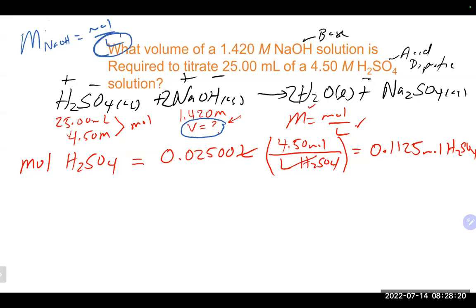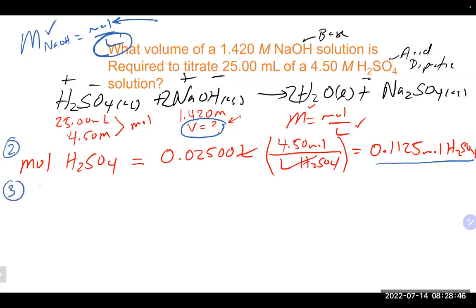We have the molarity given to us, so what we need to figure out for the sodium hydroxide is how many moles we have. That is where the stoichiometry part comes into play. We now know the moles of H2SO4, so we can use stoichiometry to go from moles of H2SO4 to moles of sodium hydroxide. So really, this is like our second or third step.